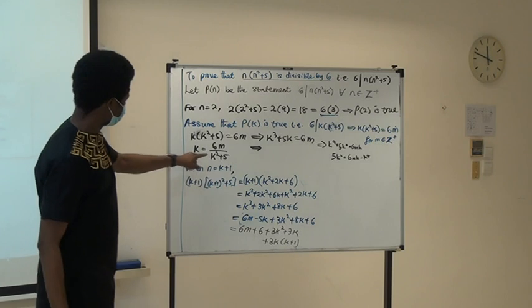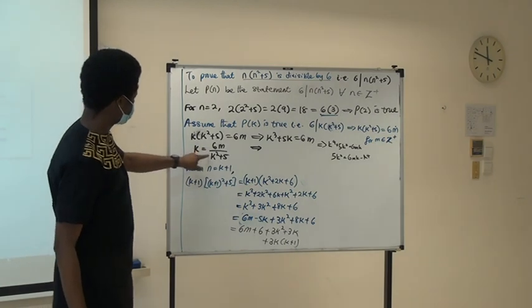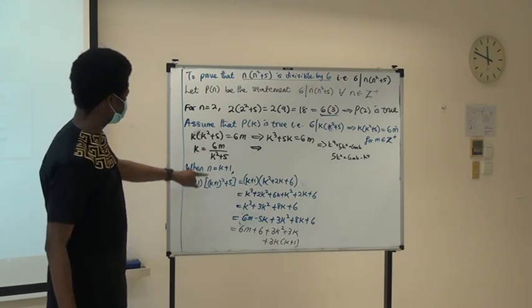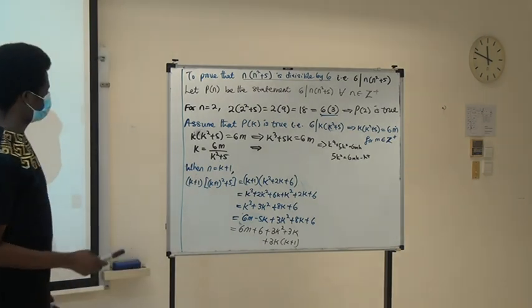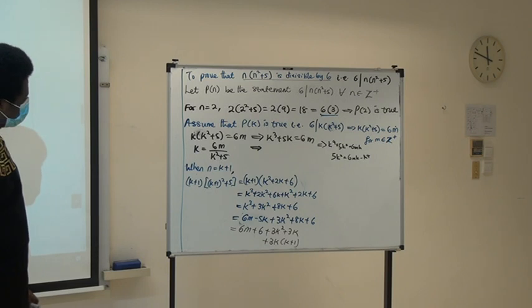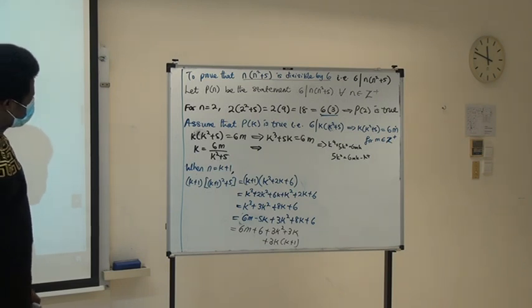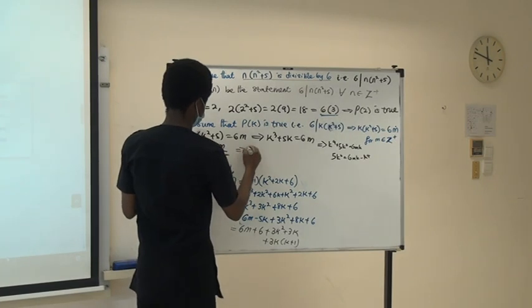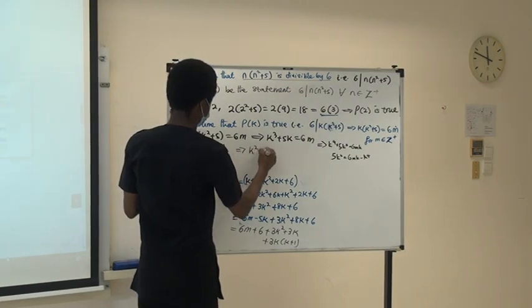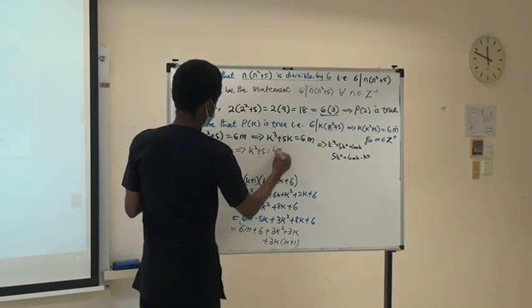Okay, wait. If we make k squared the subject from here, like somebody said, so that would be 6 divided by something. Let's see what we're trying to see here. K squared plus 5 is 6m over k.